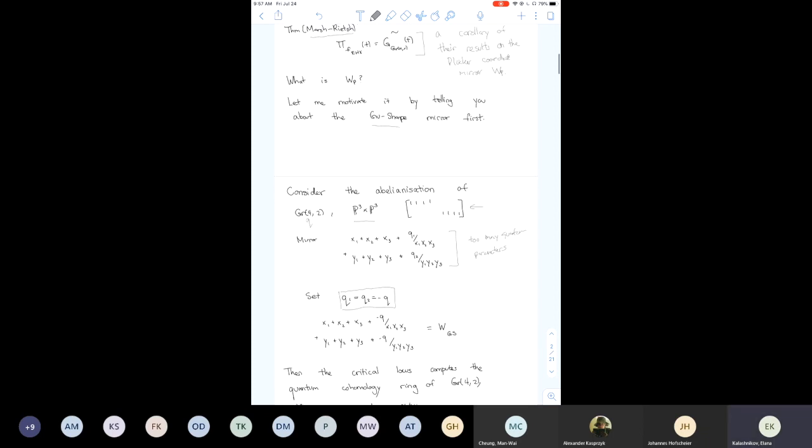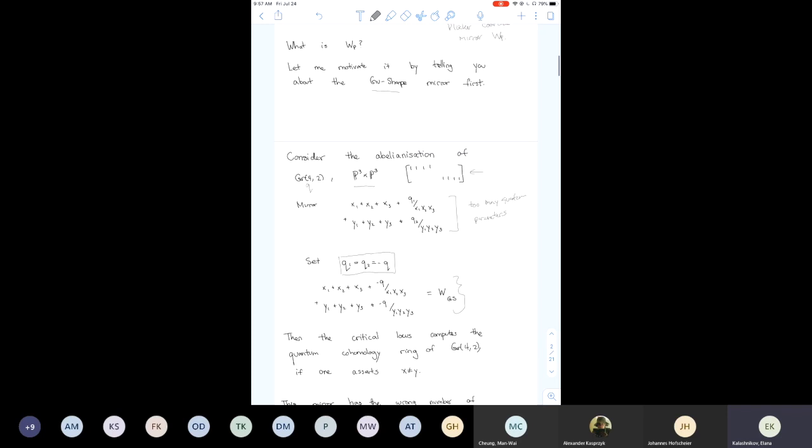And so once you make the substitution, this is the Gu-Sharpe mirror, or a big part of it.